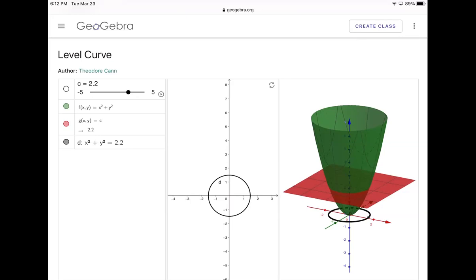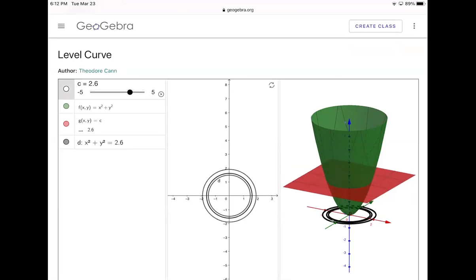It's a level curve GeoGebra that I created dependent on some function f of x, y, and some level associated with a plane parallel to the xy plane that I call g of x, y equals c. I established that c is the constant based off of this slider.